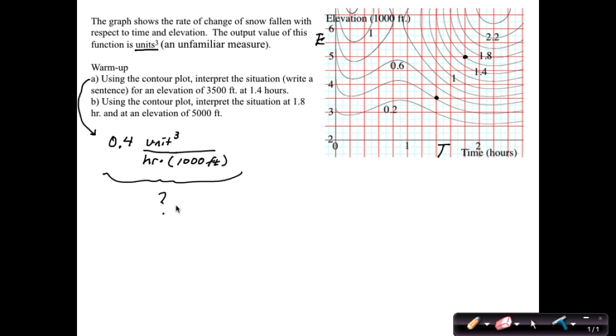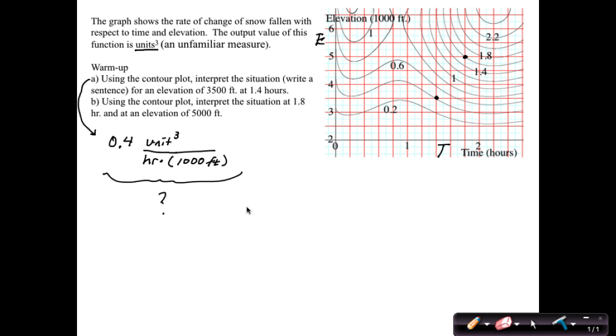I'm going to give it a shot. Apply what we've learned. Does it mean that the rate of change is 0.4 volume units cubed per hour per 1,000 feet? What does the 0.4 mean? Jackson, Winston. Is it like, given a small change in time and elevation, then the amount that the snowfall will change by is 0.4 times that change?